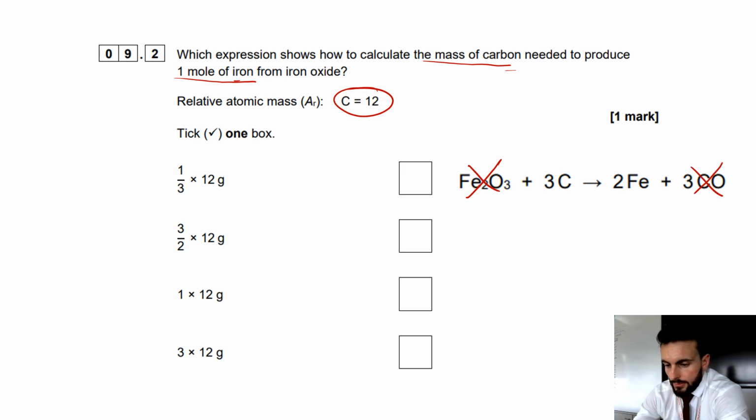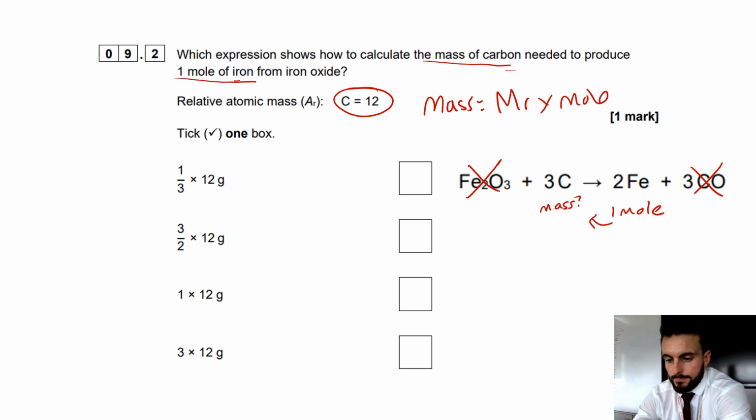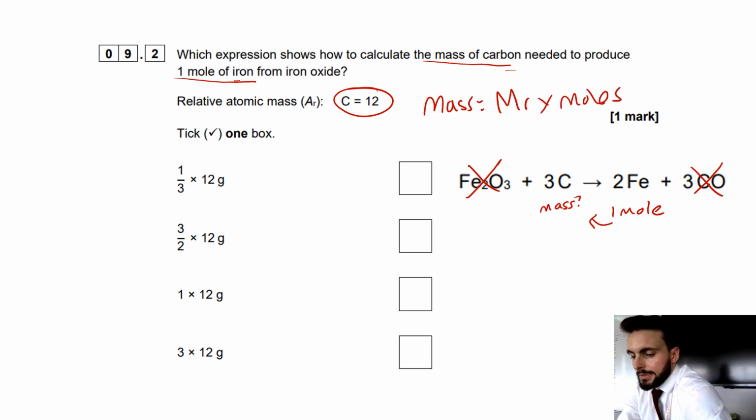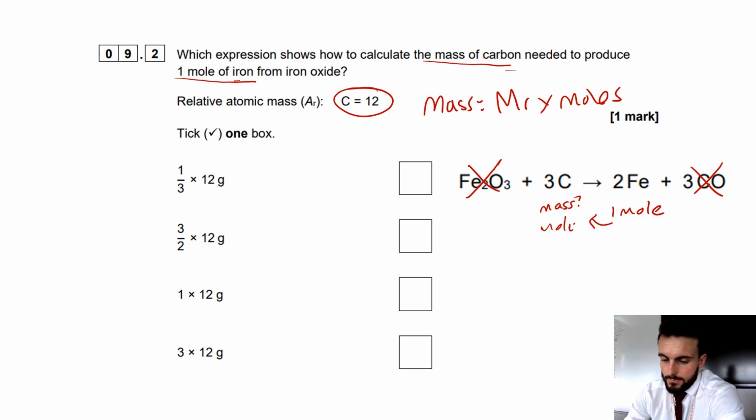We are given that we have 1 mole of this, and we need to work out what the mass of this is that we need. Remember, it's a bit like a simple moles question, so if you remember the equation, mass equals Mr times moles. So mass is molecular mass times moles. So we're going to have to work out what the moles of this is and then times it by the mass.